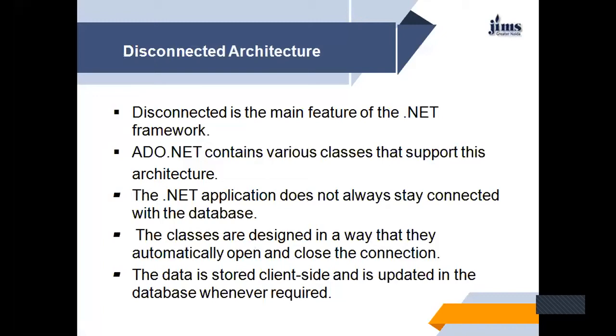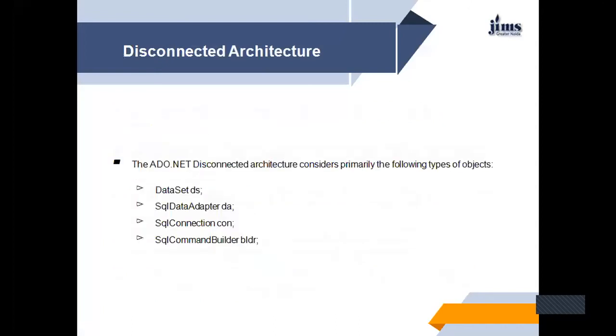So in the disconnected architecture, it is not necessary that the database is always connected. The classes are designed in a way that they automatically open and close the connection. The data is stored client side and is updated in the database whenever required. That is the disconnected architecture.